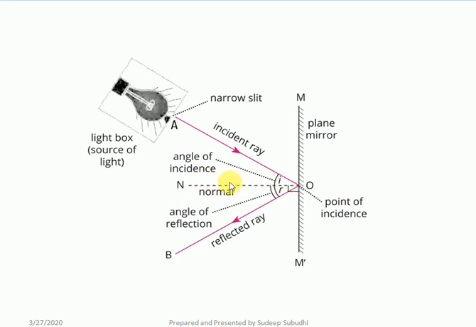ON is called as the normal. The normal is a line drawn at a right angle that is perpendicular to the mirror surface at the point of incidence.